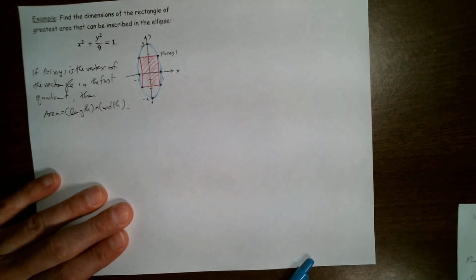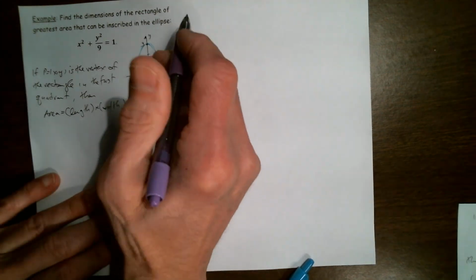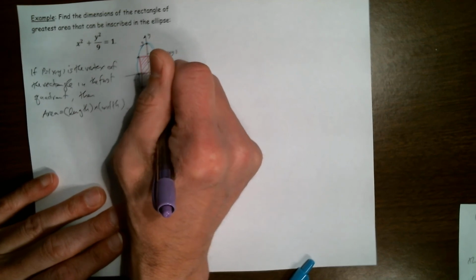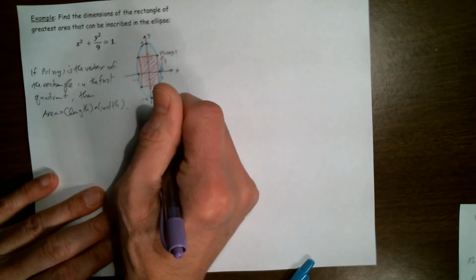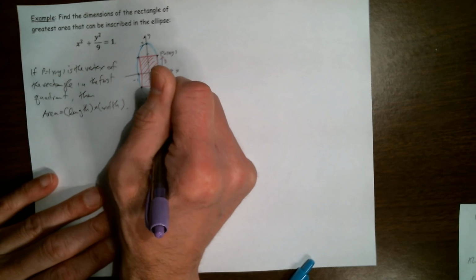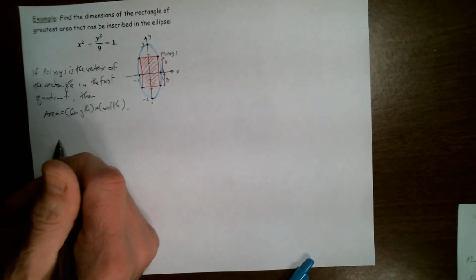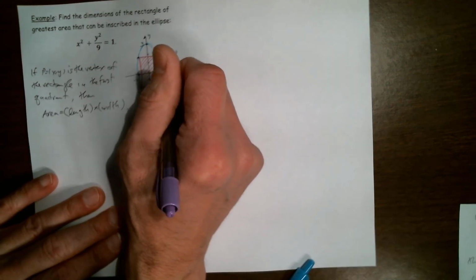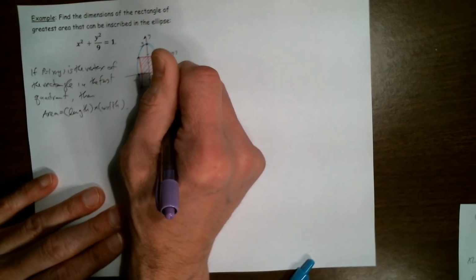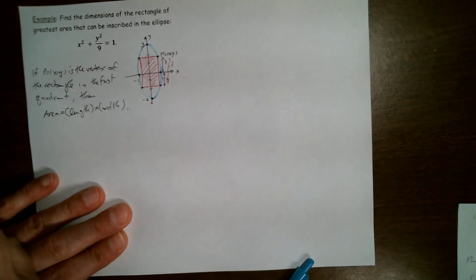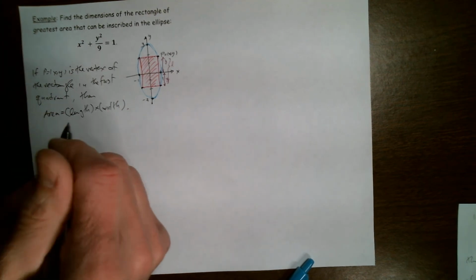So y is essentially this measurement here, right? But of course, this distance, the symmetrical distance, is also y. And therefore, we see the total length of the inscribed rectangle is going to be 2y.